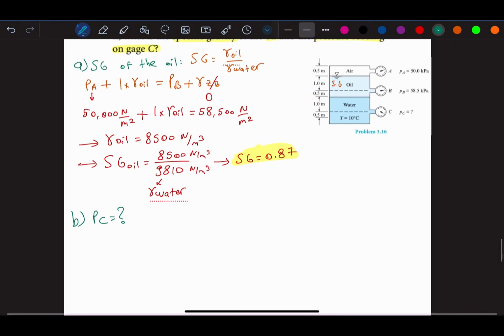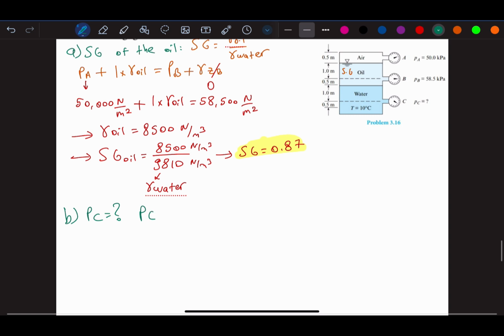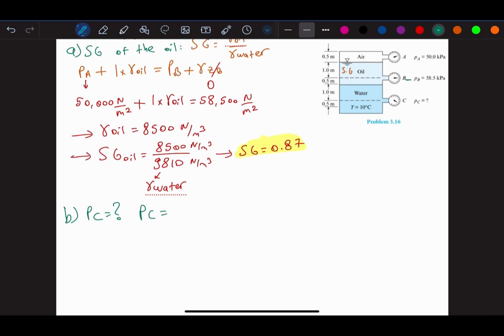So PC will be equal to, we can start from B, PB plus this small height, which is 0.5 times specific weight of oil, plus we have another water column, which is 1 meter of water.